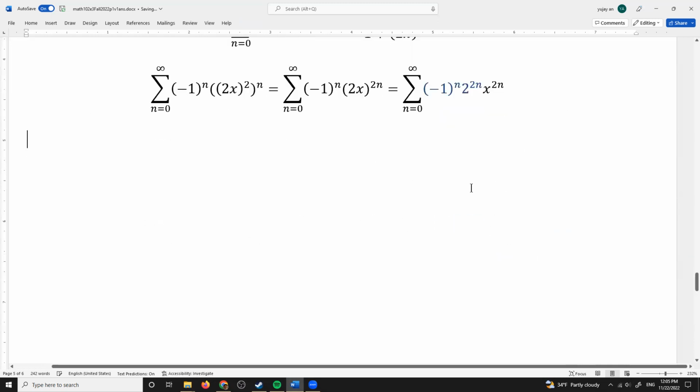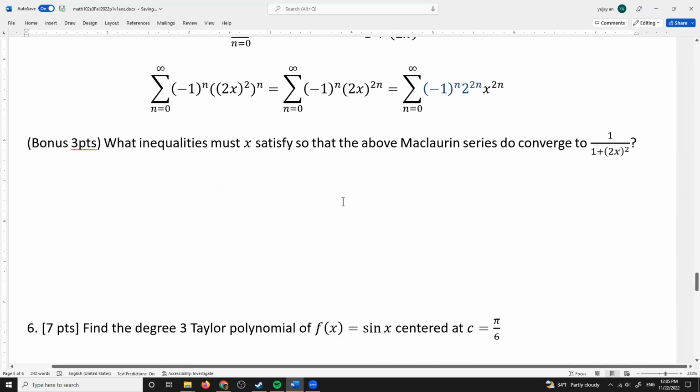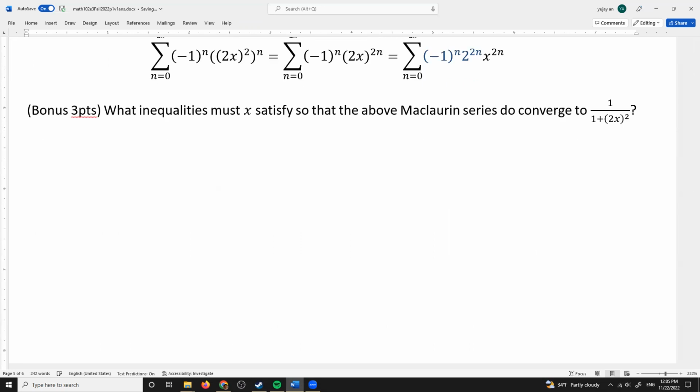Now there was a bonus question, and sadly nobody got this. So I was a bit disappointed. I gave maybe 1 point to somebody who was kind of getting it. But it's like this.